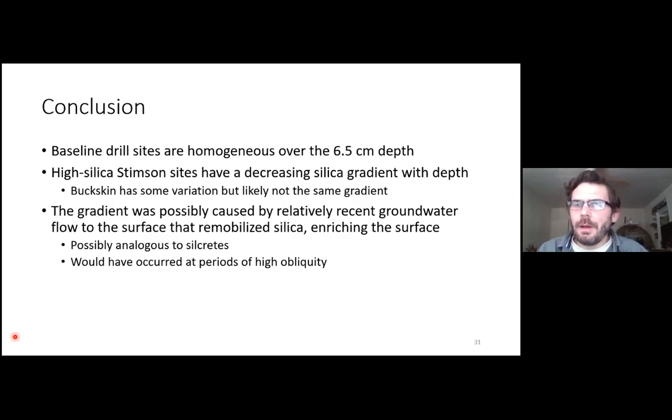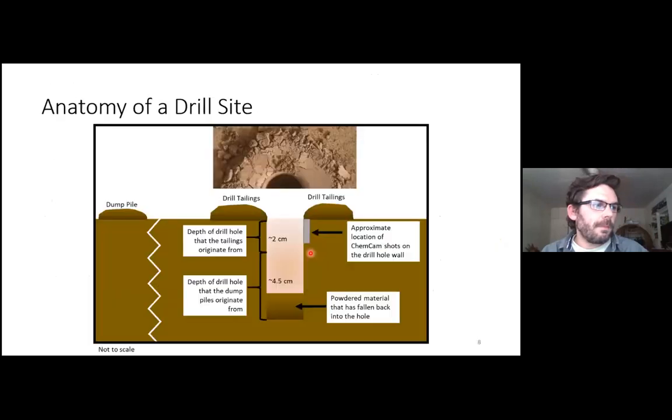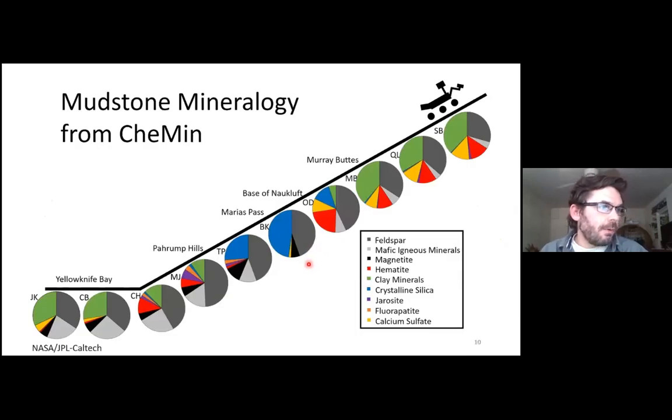One group proposes geothermal waters moving up and depositing that. One of the things at Buckskin, one sec, I'm going to move up. Sorry. So over here at Buckskin, we have this huge amount of crystalline silica.